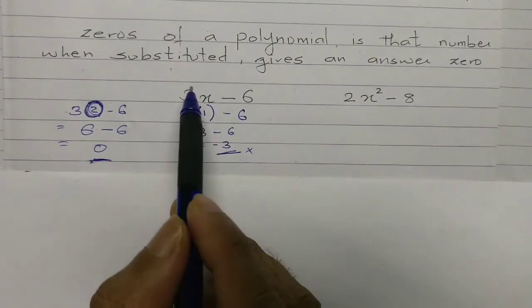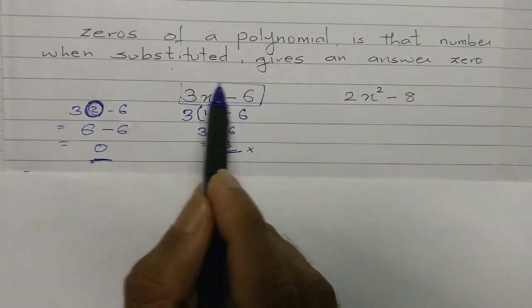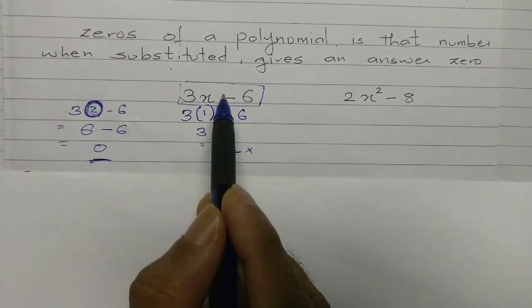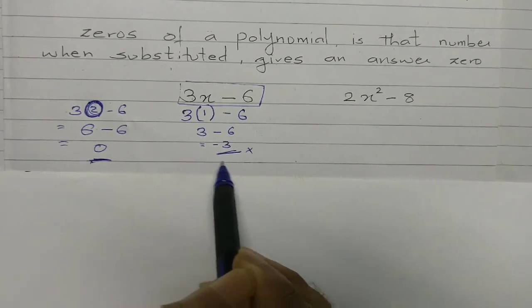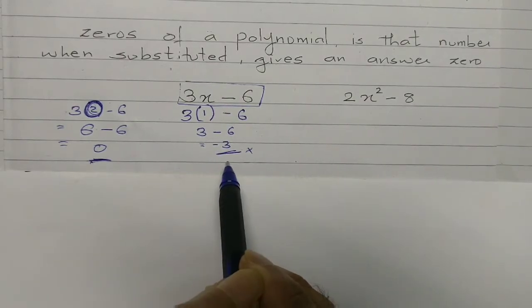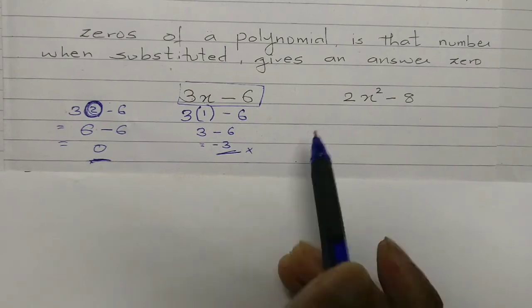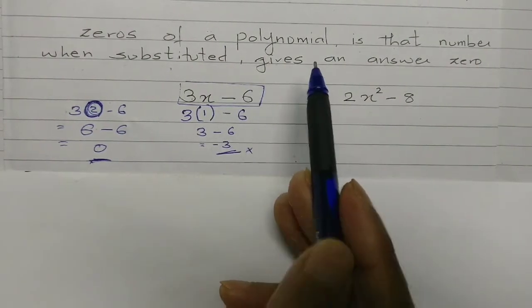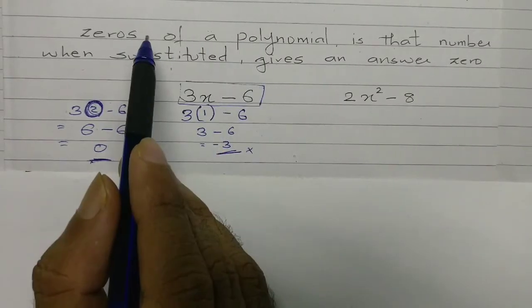So in any polynomial, whenever you substitute a number and after solving you get the final answer to be 0, then that number which you have substituted initially will be called the 0 of the polynomial.